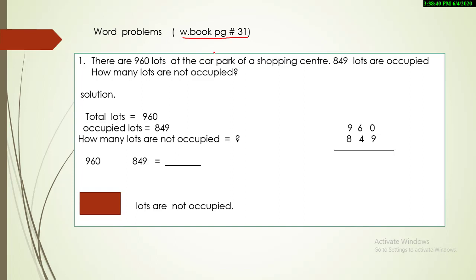So they are telling you that one shopping center has a total capacity of 960 car parkings, and 849 are occupied. Like 849 cars are parked over there in the shopping center.